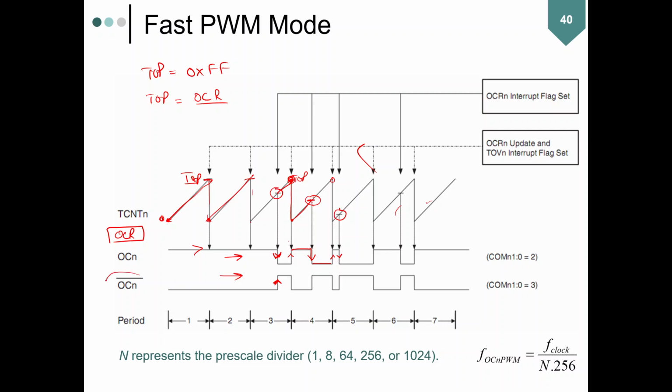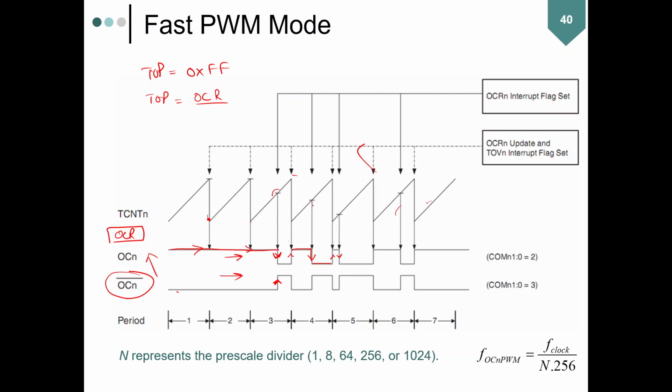For example, in the inverting mode, the output is the inverted version of the output in the non-inverting mode. But how is the output being generated? I come again to the timer counting from 0 all the way up to the top. As long as the output comparison has not occurred, the output compare pin remains at 1.